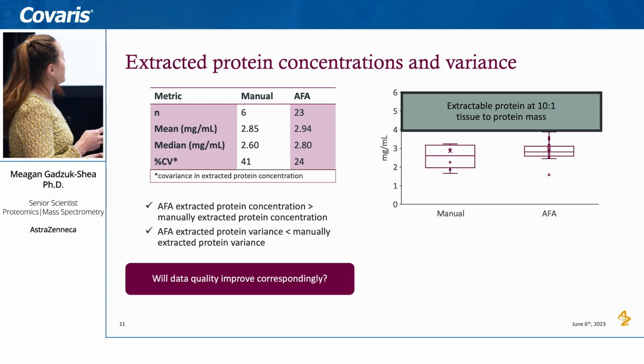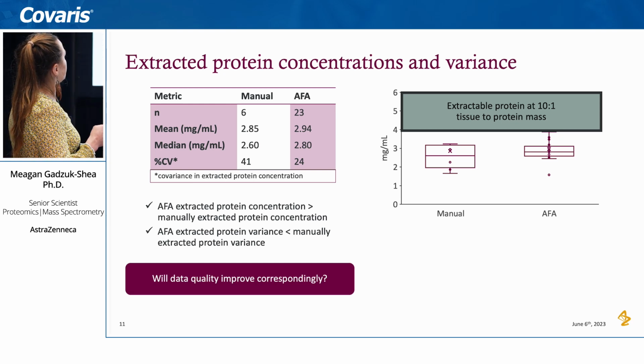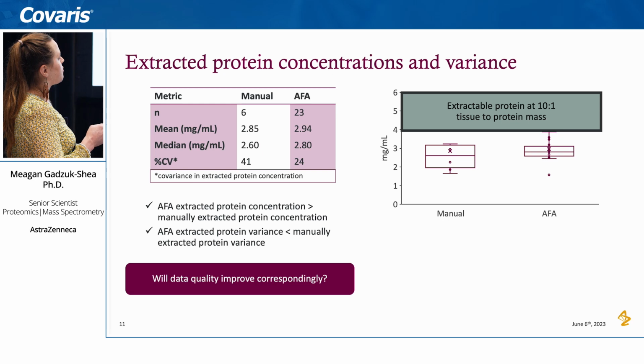I have the methods that I just described, manual and our first burst. And I'm going to be showing this table for all of our results. The values I'm showing are the number of replicates that we did for each, and then the mean extracted protein concentration, as well as the median, just because that's a good representation of the reproducibility, and then also the percent CV.